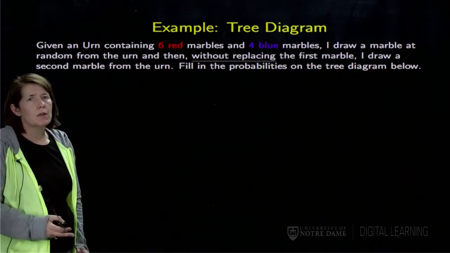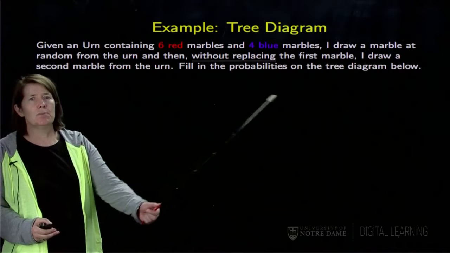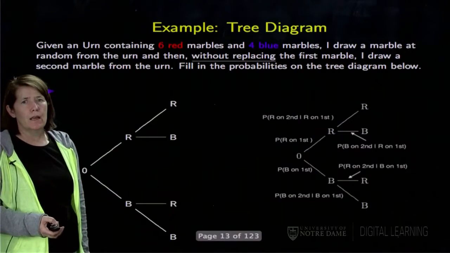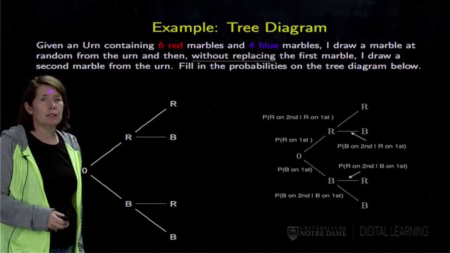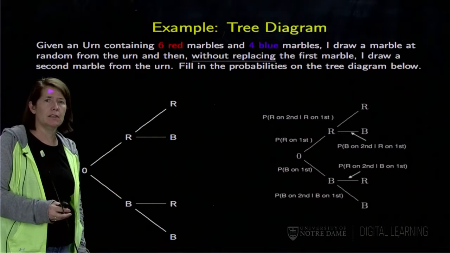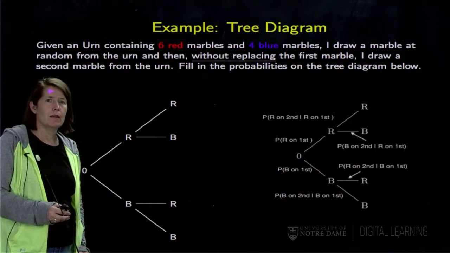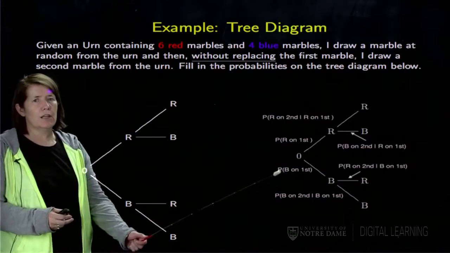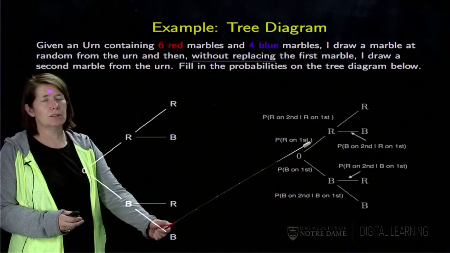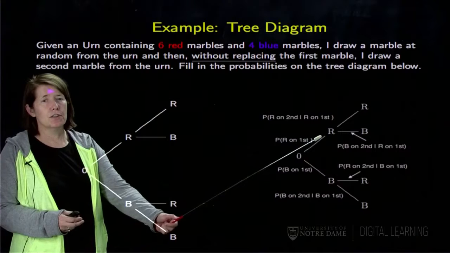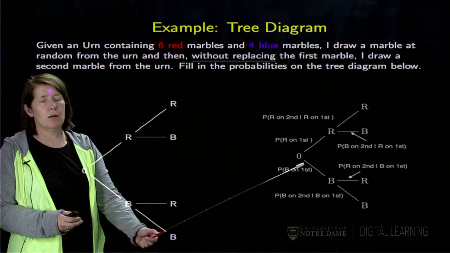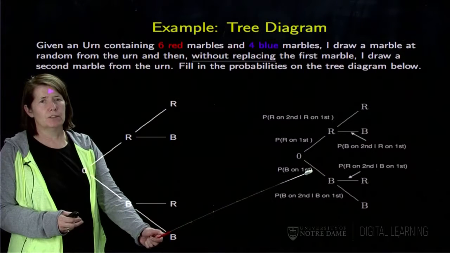Well, at this point, we're going to fill in the probabilities on the tree diagram we've just drawn. And notice these are going to be conditional probabilities, the probabilities we studied in the previous module. We're going to place the probability of getting a red on the first row on this branch, and the probability of getting a blue on the first row on this branch.